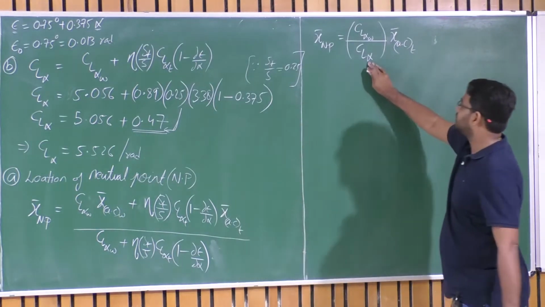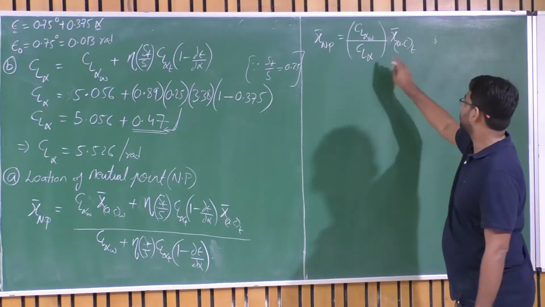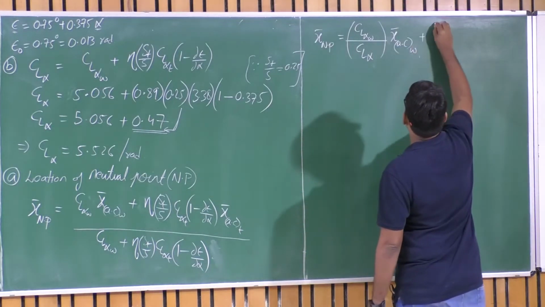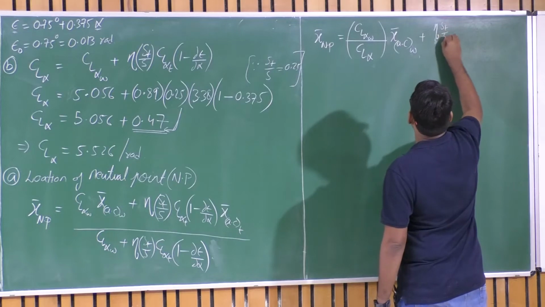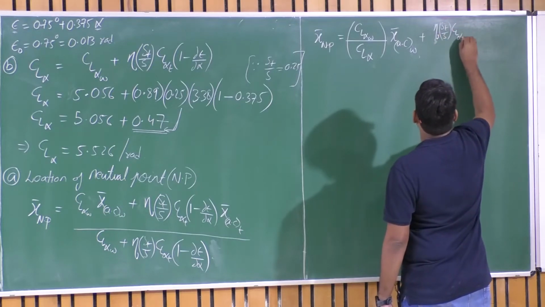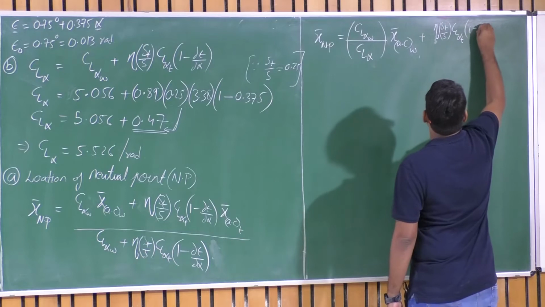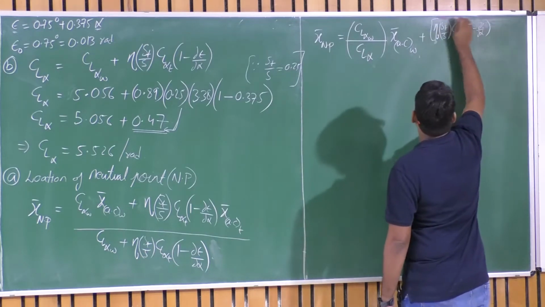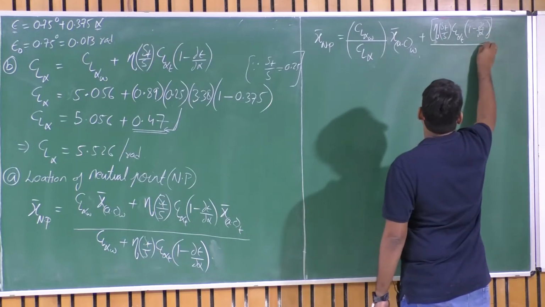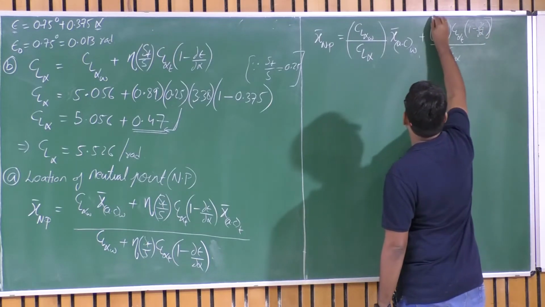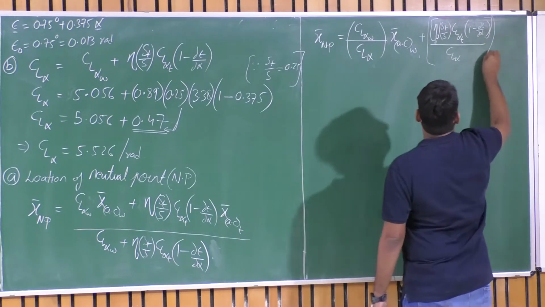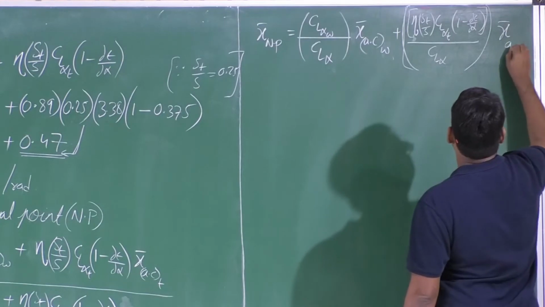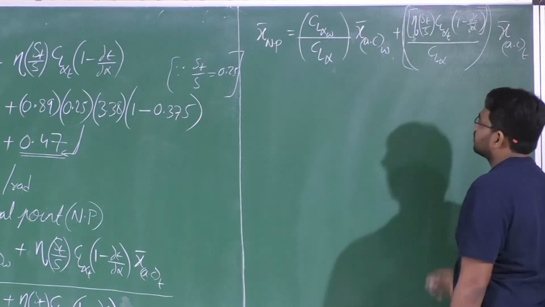This is the weight to the location of the aerodynamic center of the wing, plus eta ST upon S CL alpha of tail 1 minus dou epsilon by dou alpha, divided by the total CL alpha of the aircraft. Again, this is the weightage to x bar AC of the tail, which is its location.